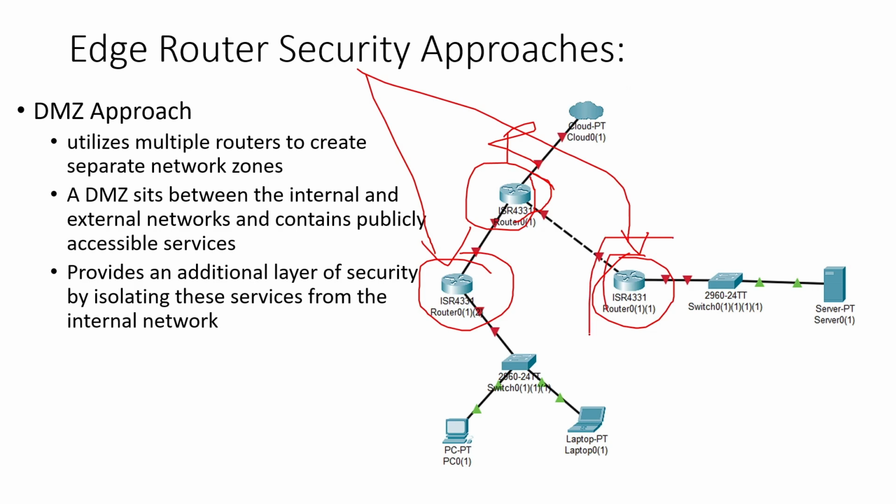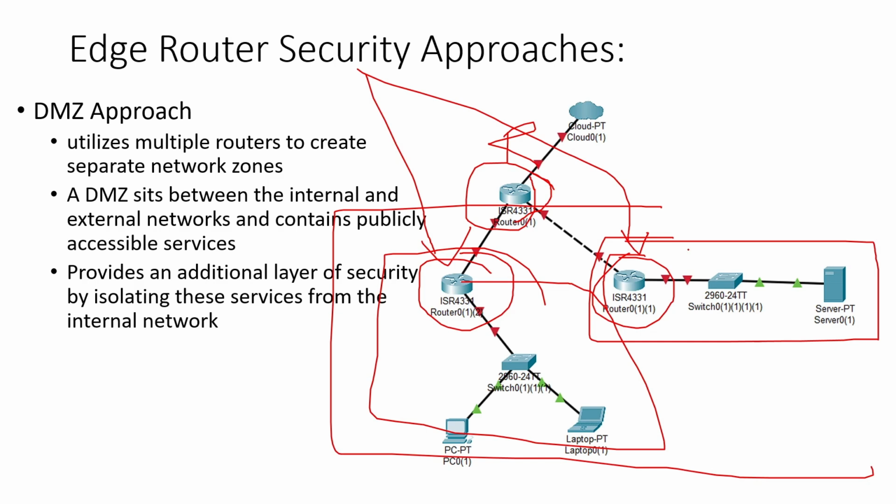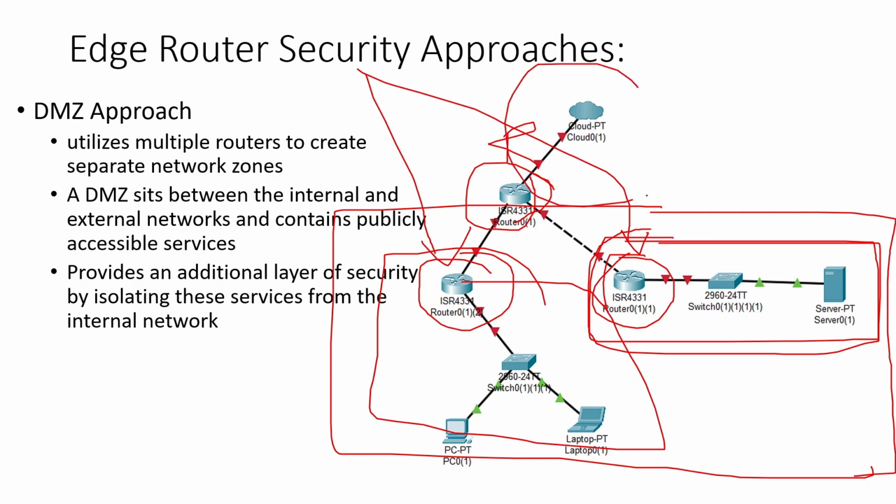So this network is different. This network is also different, but they reside in one single network. These are the services catered to this. They can be accessed from the outside or can be accessed from the inside.